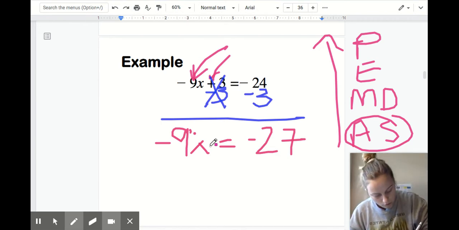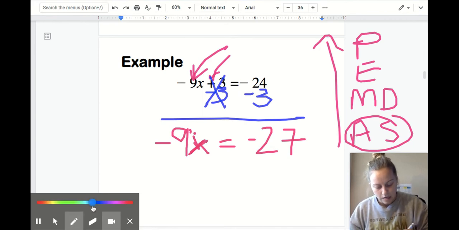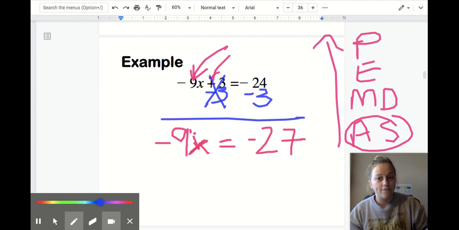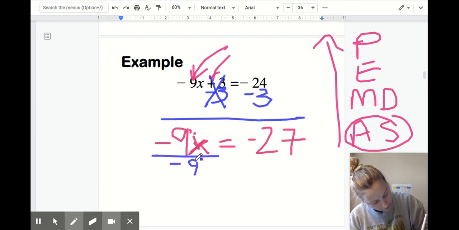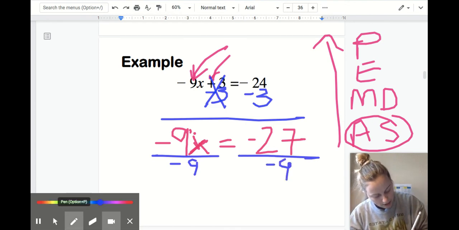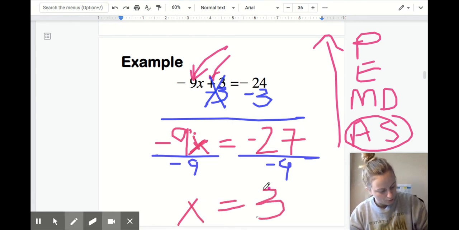Okay. Now I need to get rid of that negative 9, which is being multiplied by the x. So to do that, I'm going to do the opposite. I'm going to divide by negative 9 on both sides. Divide by negative 9, divide by negative 9, and I end up getting an answer of x equaling positive 3.